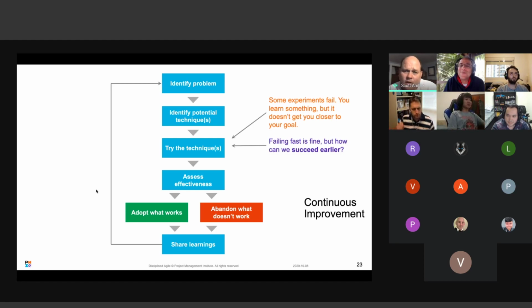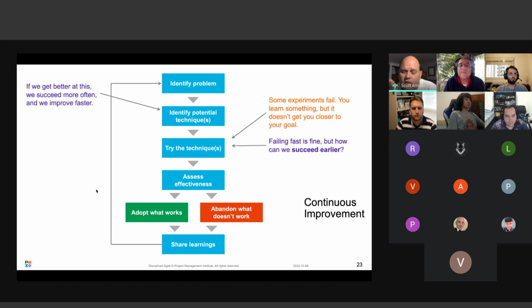That's the question. So where's the problem in this process? Well, the real problem in this process is that second step, where we identify potential techniques. So if we can get better at identifying strategies that might work for us in the situation that we face, we'll have fewer failures. You're still going to fail. You're only human, but you can fail less often.